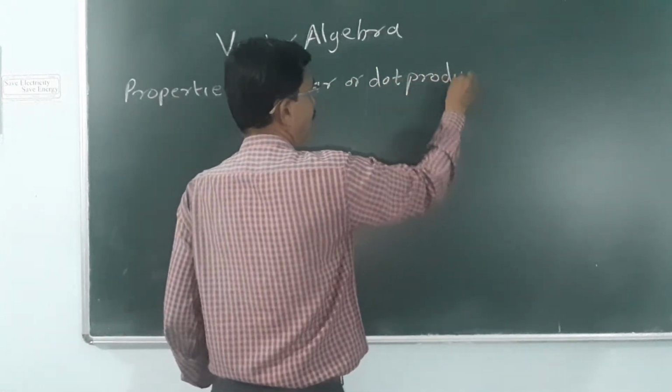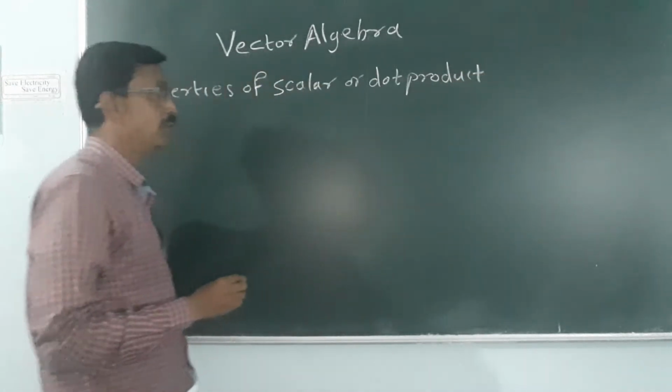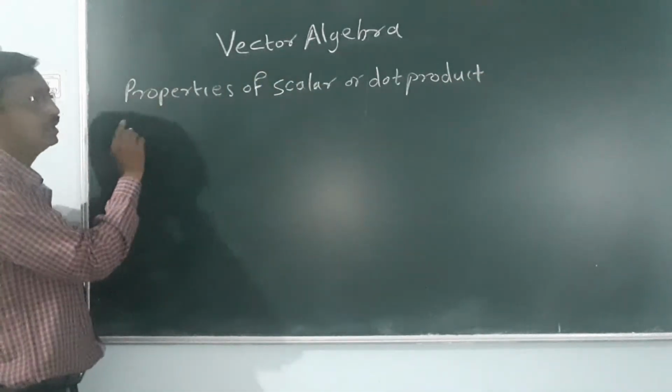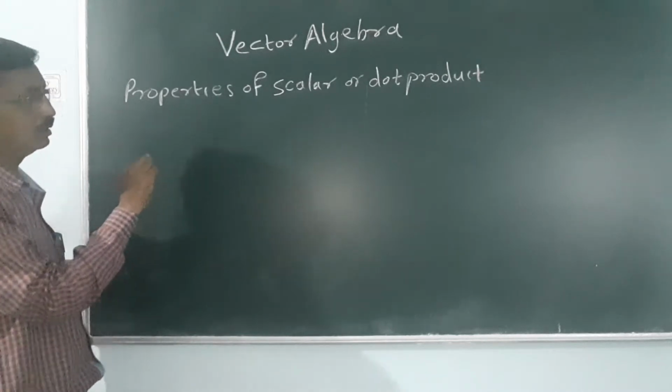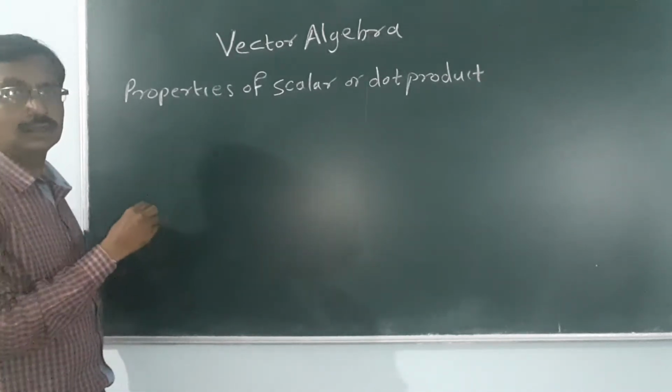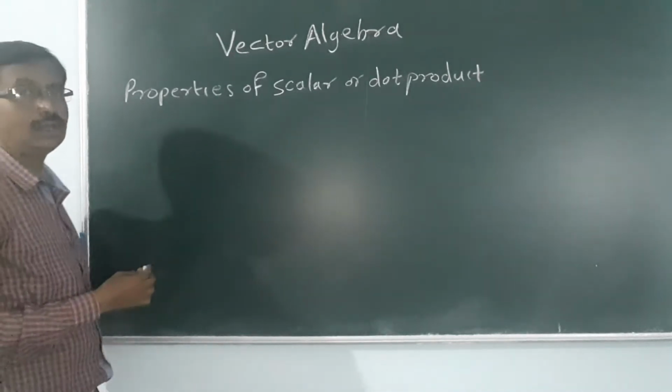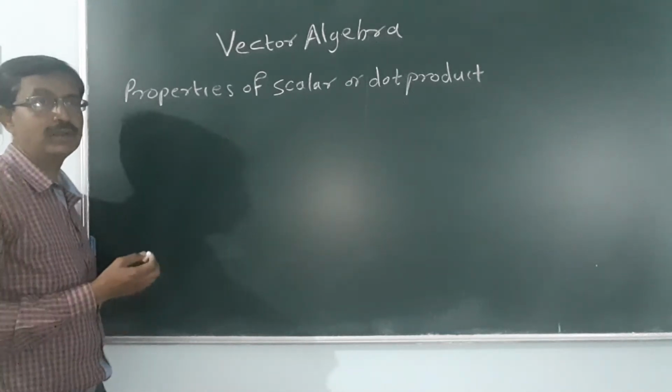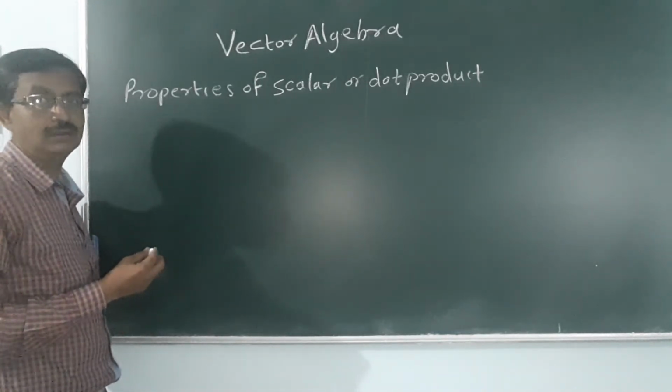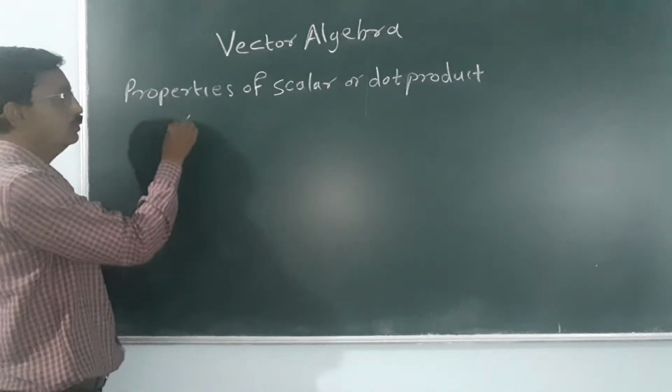So, properties of scalar or dot product. The first property we have seen is the commutative law, the second property is the distributive law, and the third property is for the parallel vector. Now we will continue.